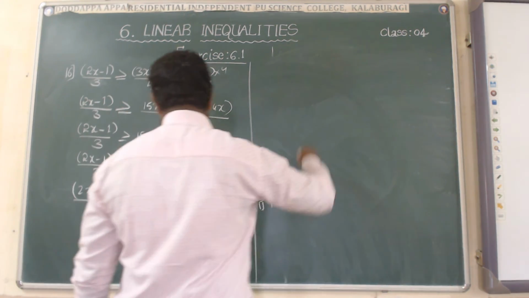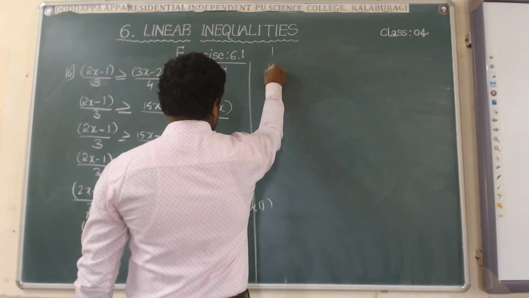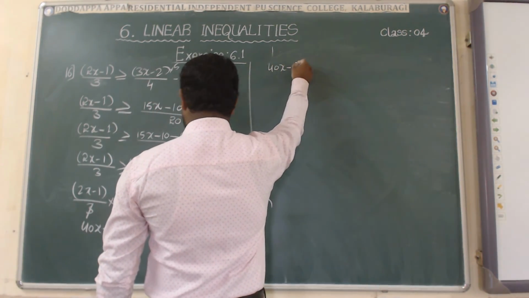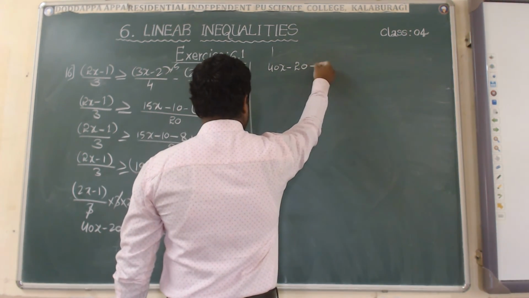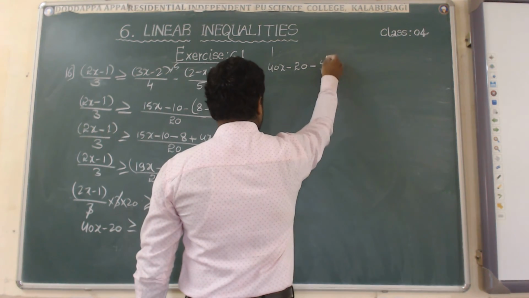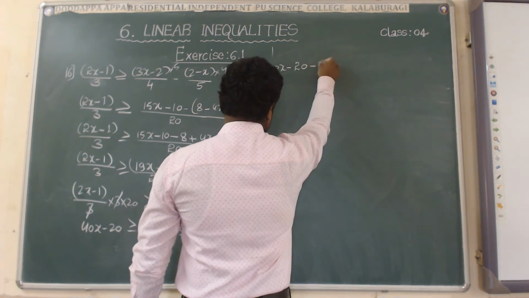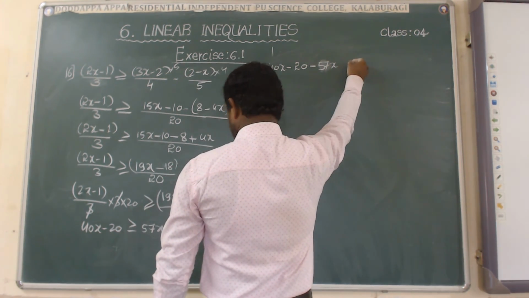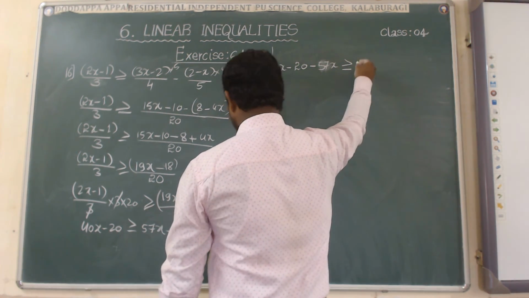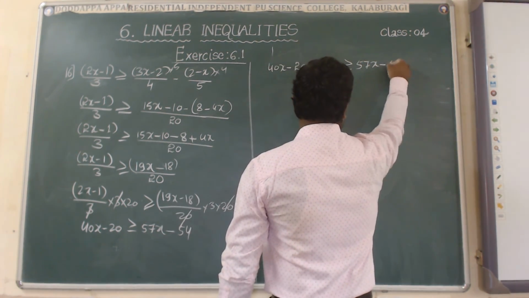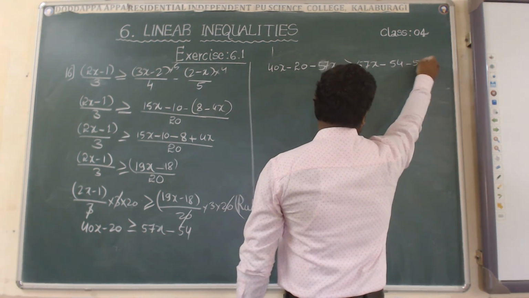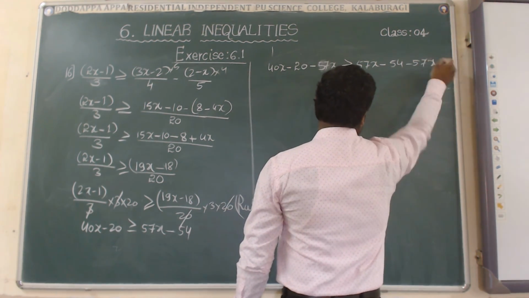Here, 40x minus 20 minus 57x is more than or equal to 57x minus 54 minus 57x.